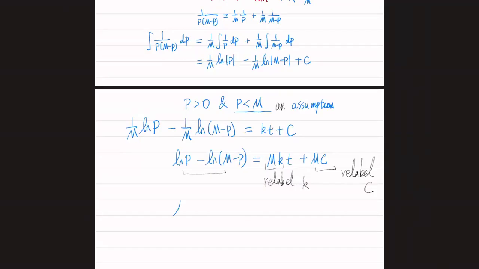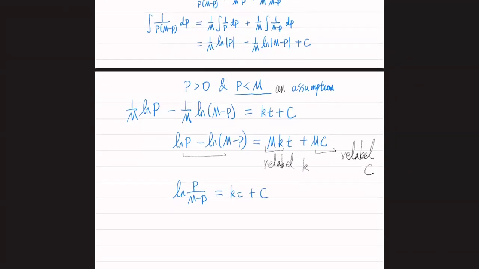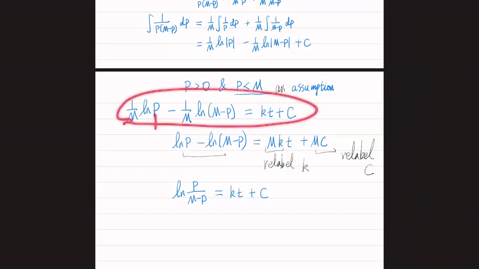So what I'm doing now is we have found an implicit solution. Now we want to find an explicit solution, to solve P from the equation. Take exponential.